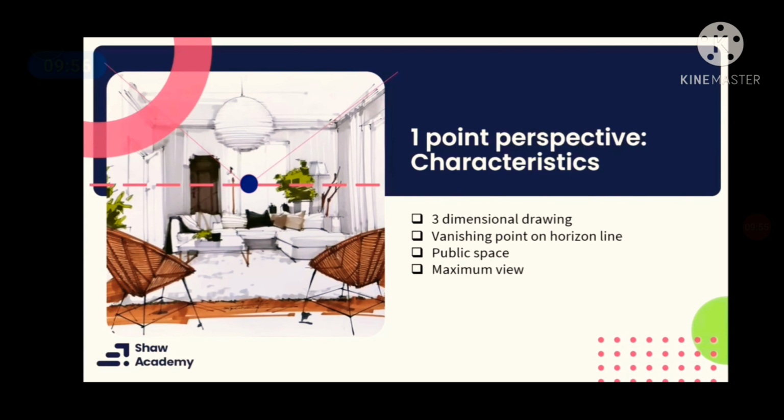And it's clear that we're getting the maximum view out of this drawing or out of this visual. So we're able to see 3 walls, we're able to see furniture placement, height, volume of the space, and you're almost able to see how one would be able to feel and interact inside the space.